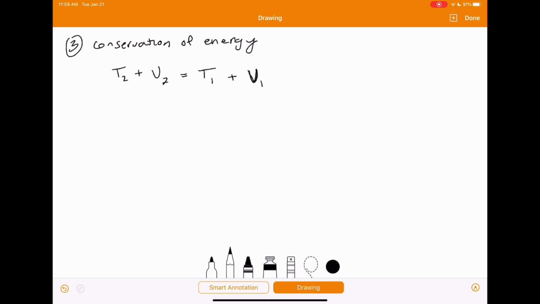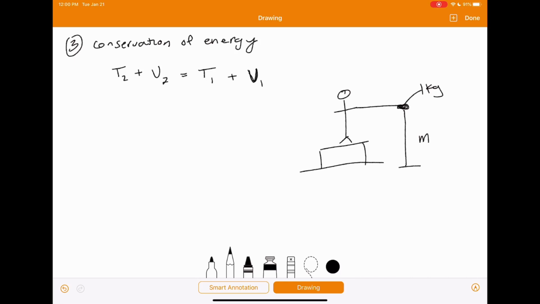So if we had a 1 kilogram object and it was 1 meter high, what would its velocity be when it hits the ground?